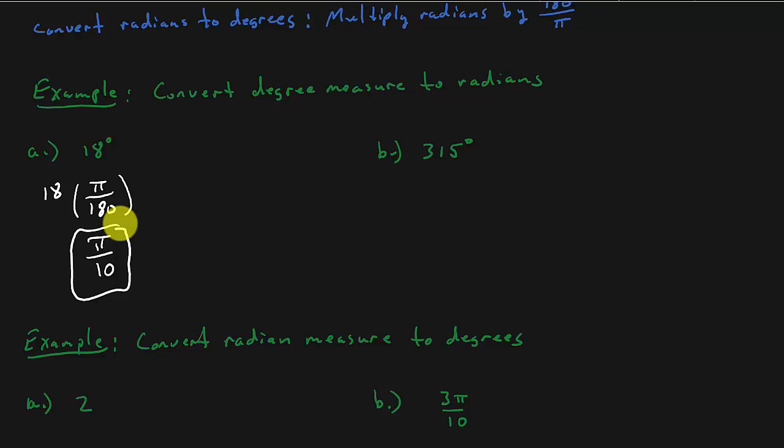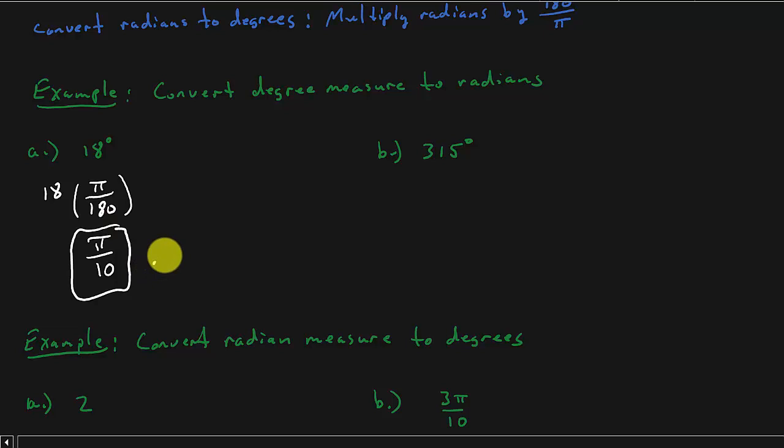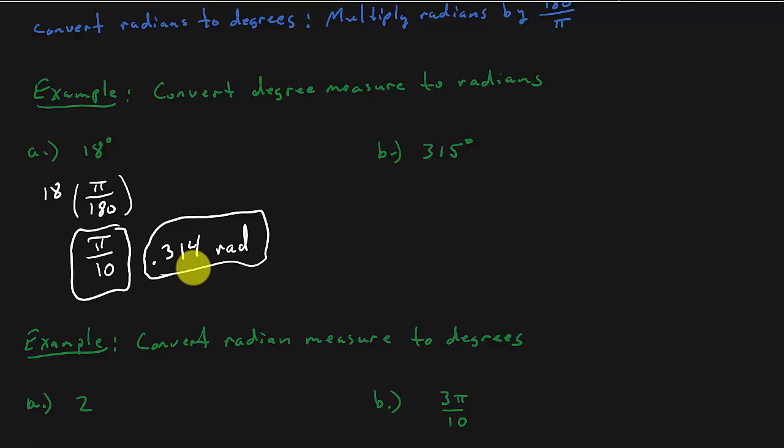No, you don't have to, but that's typically what you see. I mean, this is the same thing as 0.314 radians if you put it as a decimal. But as far as how your teacher wants you to put the answer, I'm sure they'll tell you. A lot of times you just leave it in terms of pi. I know if you're taking my test, I would want it in terms of pi.